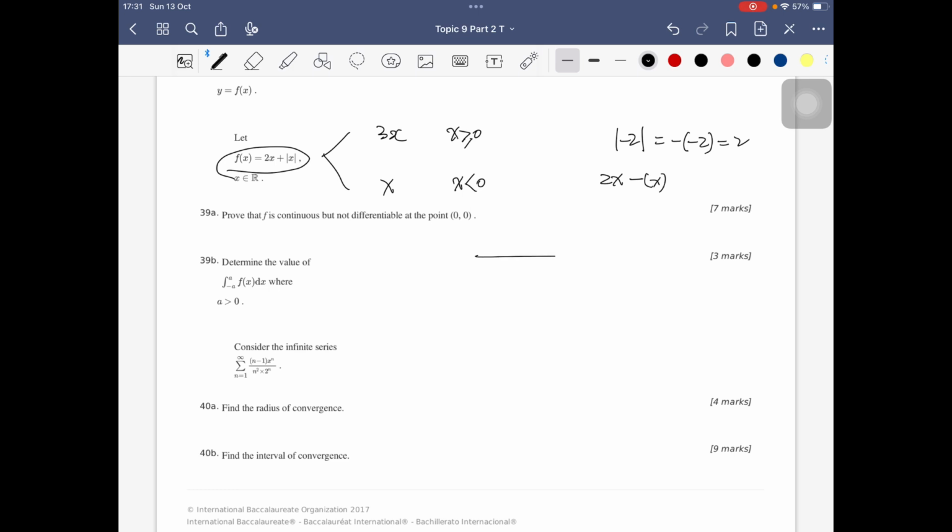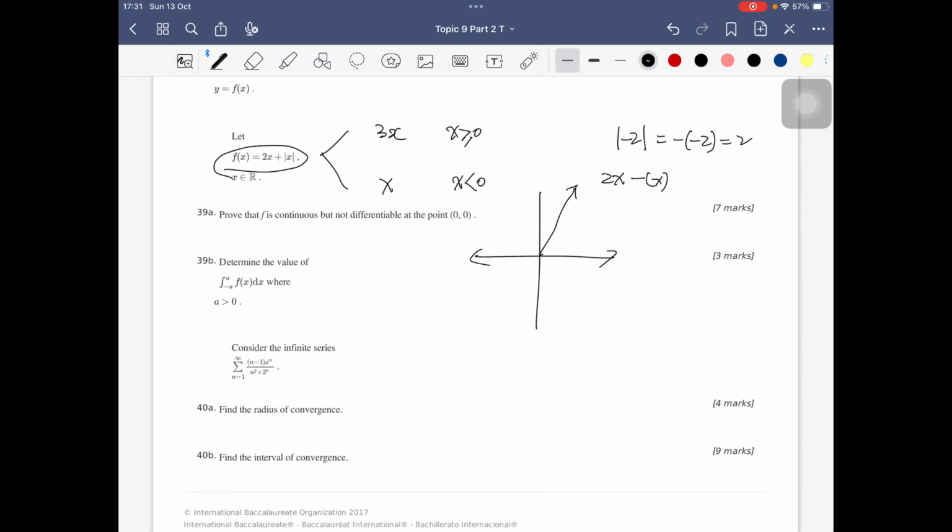So this is x. So when we draw the graph, this is 3x and this is y equals x. The slope is sharper for 3x. So here at 0, they are meeting together at 0, 0.